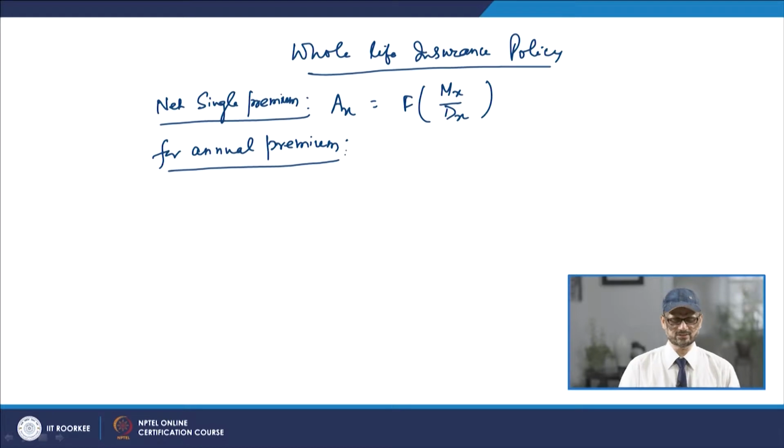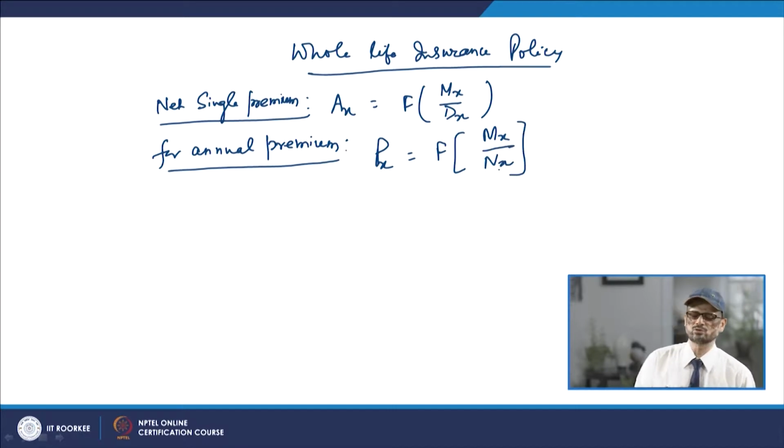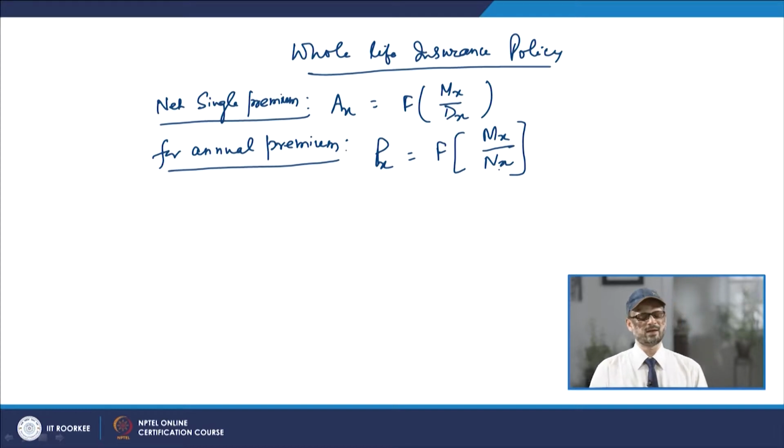The amount which is calculated will be Px, and for face value F, it will be F into Mx by Nx. That is what we had also seen, because in that case Ax will be Px into a double dot x. So, based on that we calculated the value of Px as F into Mx by Nx.